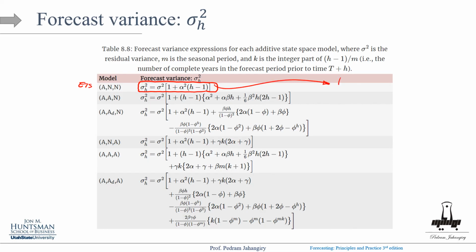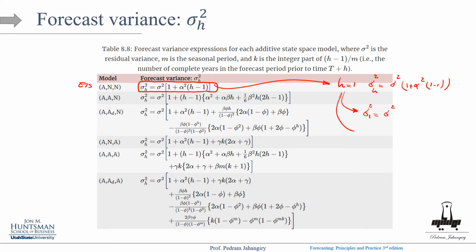It says that if h is equal to 1, your sigma squared h is equal to sigma squared multiplied by 1 plus alpha squared, where alpha is your smoothing parameter, multiplied by h minus 1, which is 1 minus 1, so it's going to be 0. So basically, if h is equal to 1, your sigma squared for one horizon is sigma squared.